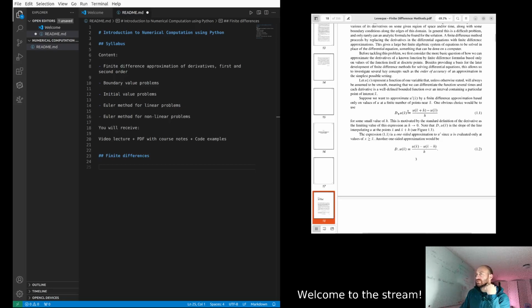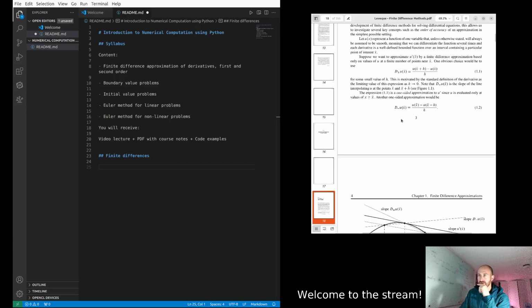I think most of us learn the limit definition of a derivative, and this way they call it an obvious choice to have the derivative of u be equivalent to this difference, u(x + h) - u(x). But you have to notice that these points are to the right of the original point x, right? So this is called D+, motivated by the standard definition of a derivative, and I think that's fine.